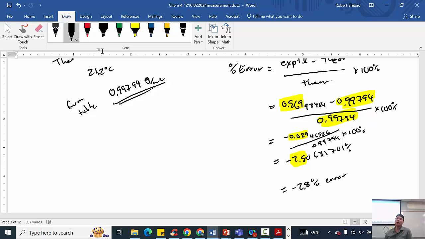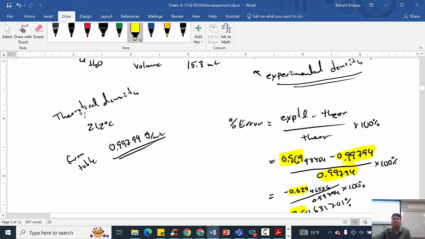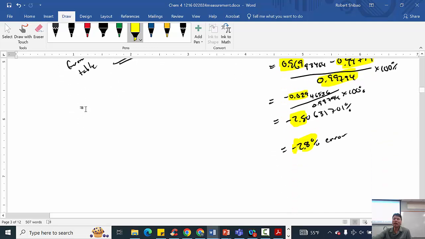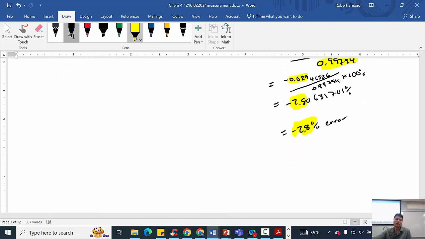error. That means I'm reading this 2.8% too small. If I were to stop here, then this would be it, but this particular one. Now, what did the experiment say? It said if it were more than 3%, redo it. What did it say in the procedure? 3%? So we're okay because this is less than 3%.